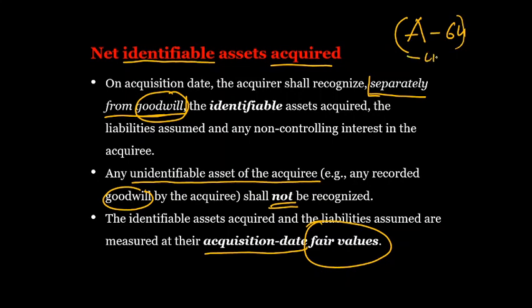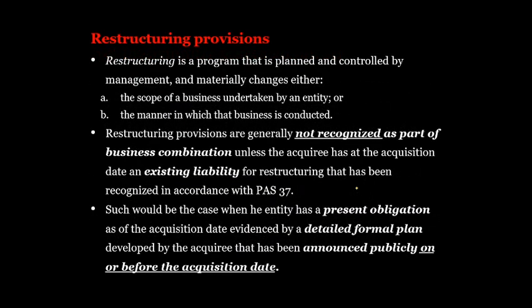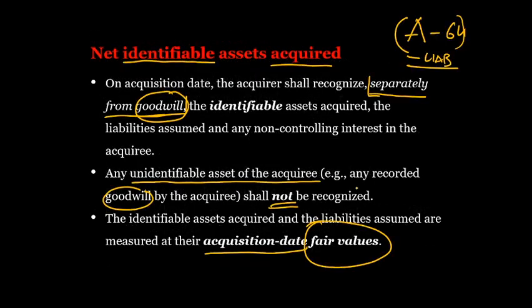Less your liabilities. That's now your net assets or net identifiable assets. Ta-da! And then, wait lang, before I forget, you have to compare this with your acquisition cost. So, acquisition cost minus the fair market value of net assets acquired equals your goodwill.